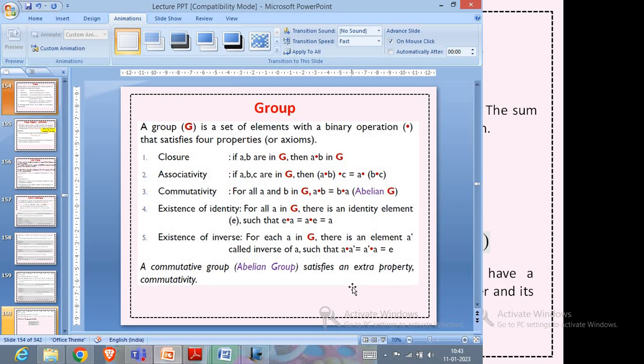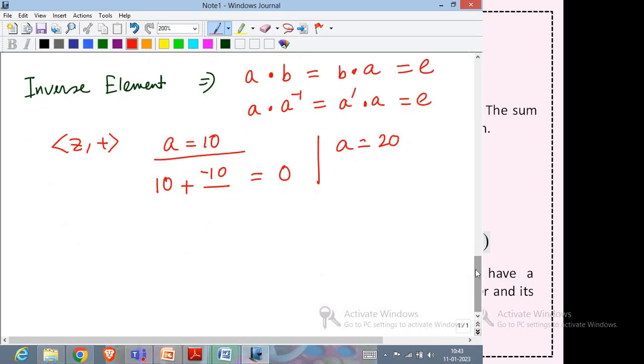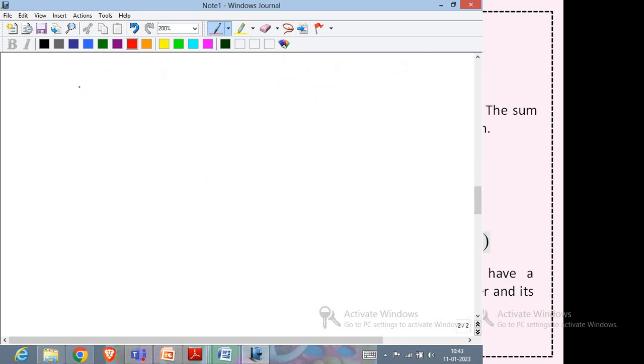So in general, let me write down the findings we have observed, and please make a note of this also so that the clarification is more. First of all, we have discussed closure property. If we have closure, we will call that an algebraic structure.